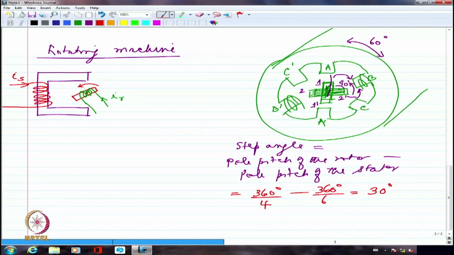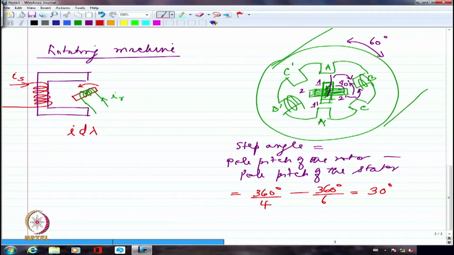Okay? So we are going to talk mainly about the doubly excited machine in this course. That's the reason why I took an example with 2 excitations, from the stator side as well as the rotor side. Under a static condition, I should be able to say I d lambda. That is what we call the field energy.